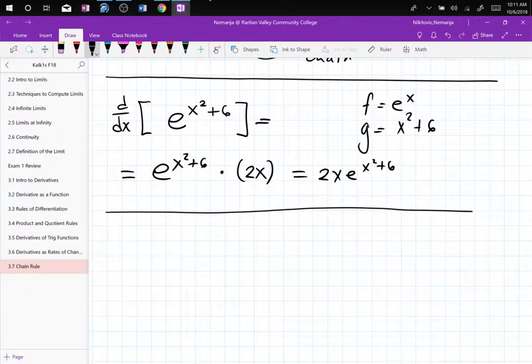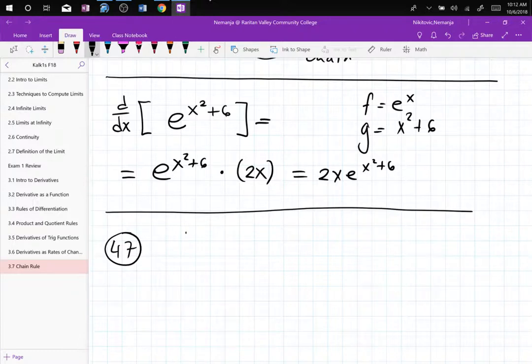Let's take a look at a few homework examples. Problem 47 was your log trig.